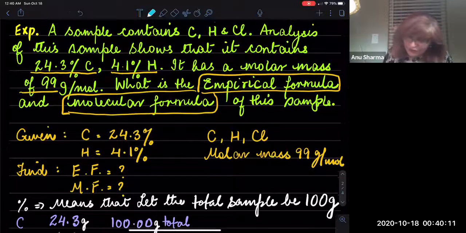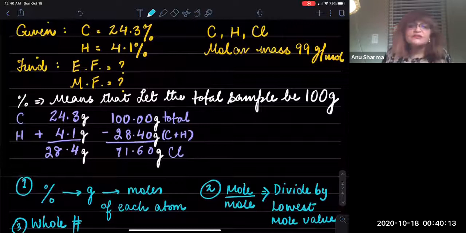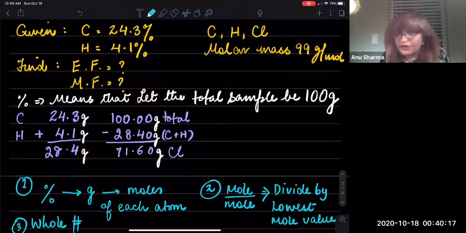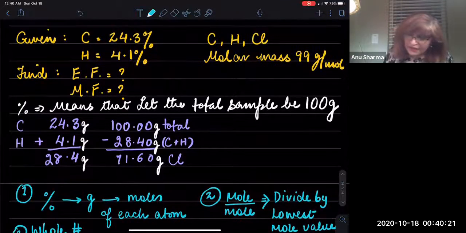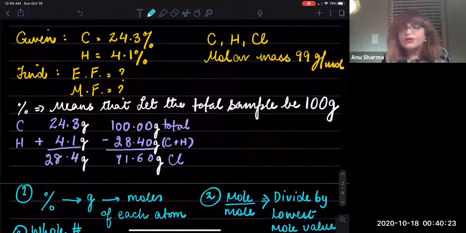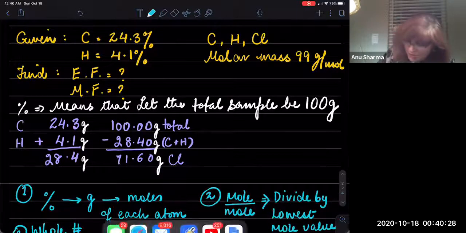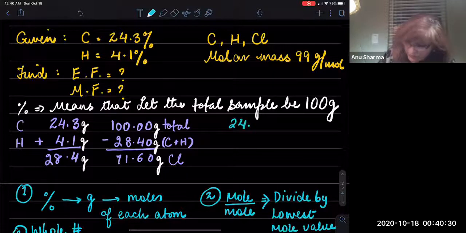Now first thing first, what is the meaning of this percentage? Percentage means that the whole sample is 100 grams. In that percentage, you take the given carbon and convert it to grams. In other words, 24.3% carbon means 24.3 grams of carbon.